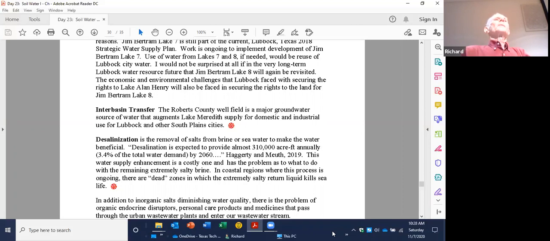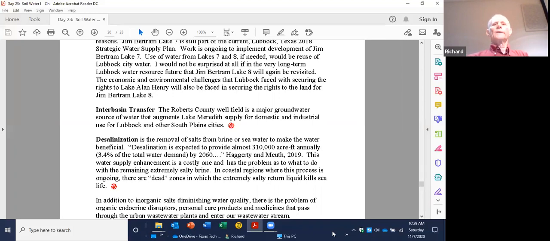If you've lived in the Lubbock area for a period of time, you'll remember that not too long ago, Lake Meredith was not only dry, but you had to add water to get it up to zero. That was below where they had the water management land to pump the water.